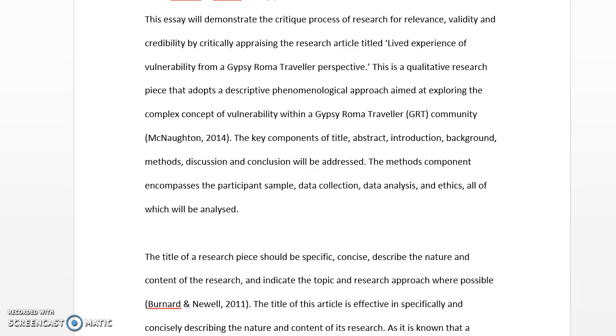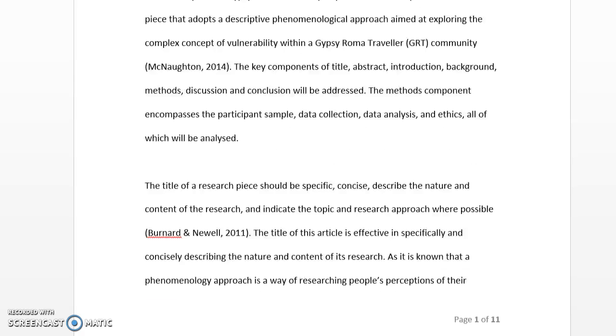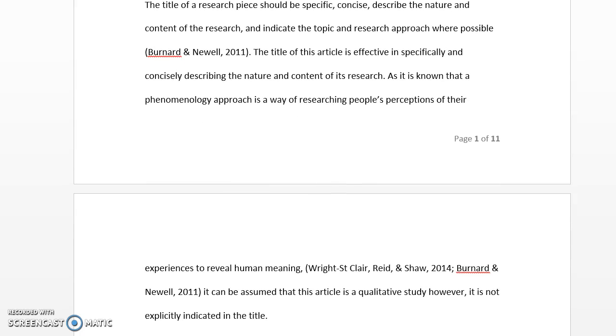And she says here, this essay will demonstrate the critique process, and is telling us what's going to happen. So she's saying, the key components of title, abstract, and so on and so forth, will be discussed. Okay, so she's telling us what will be in the paper, and that's important.